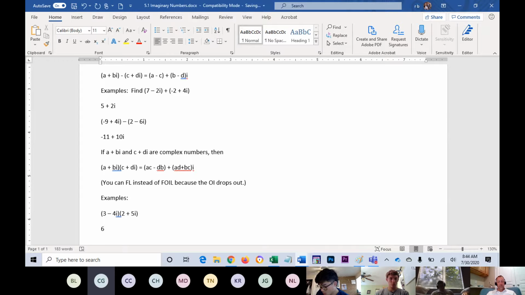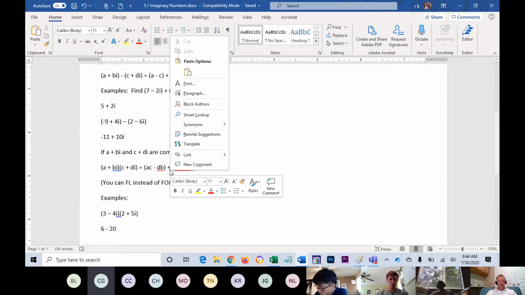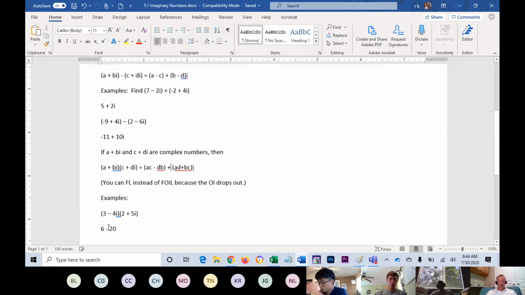And then minus 4 times 5, so that'd be -20. So 6 minus 20. That just becomes a plus. No, it's actually a minus, because there's a plus in the middle there. So you're adding -20. You need your i there, of course.